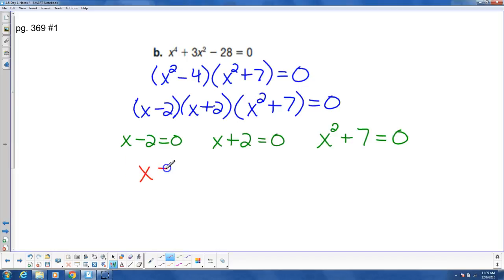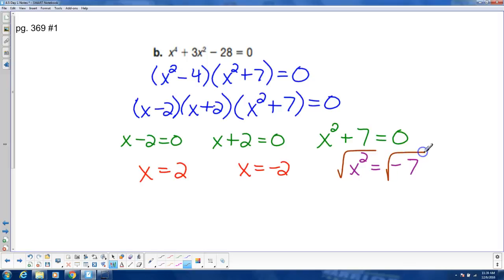X here is going to equal 2. X here is going to equal negative 2. X squared is going to equal negative 7. Then I'm going to take the square root on both sides.